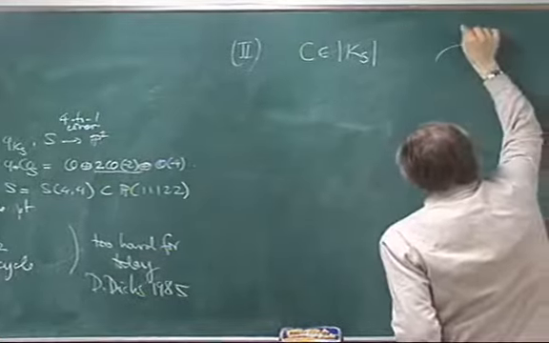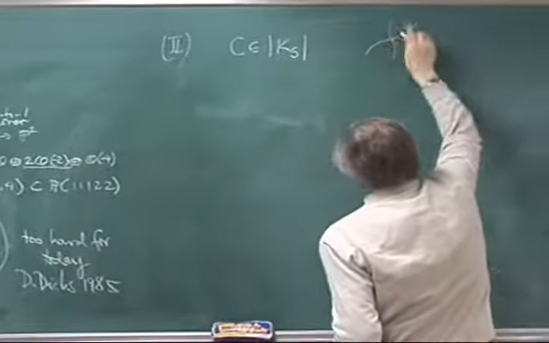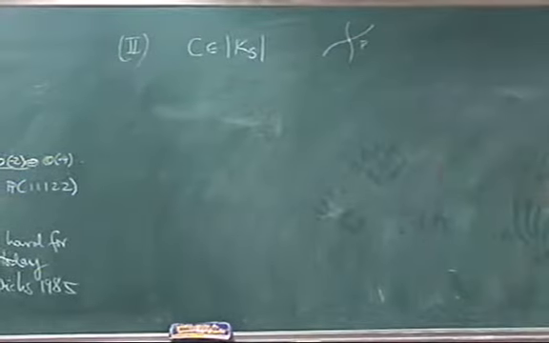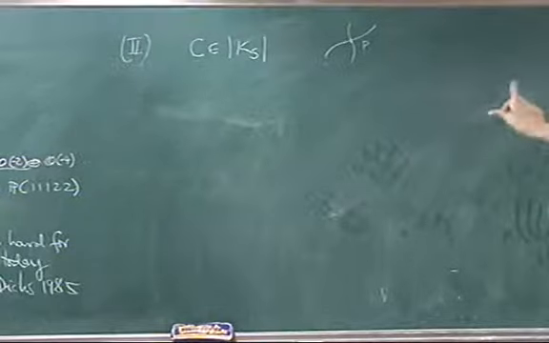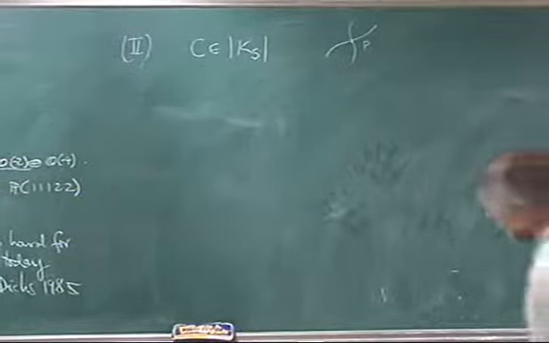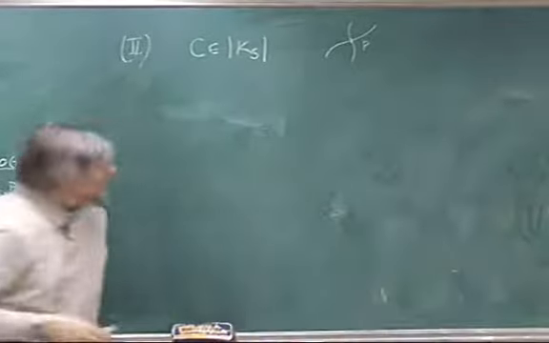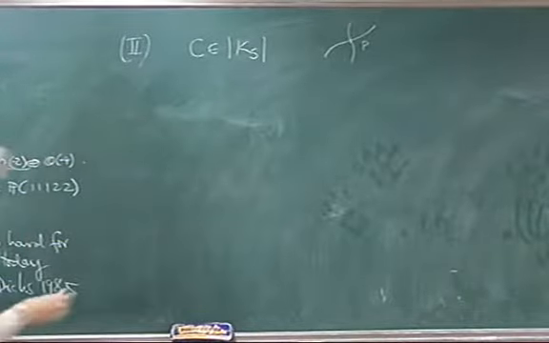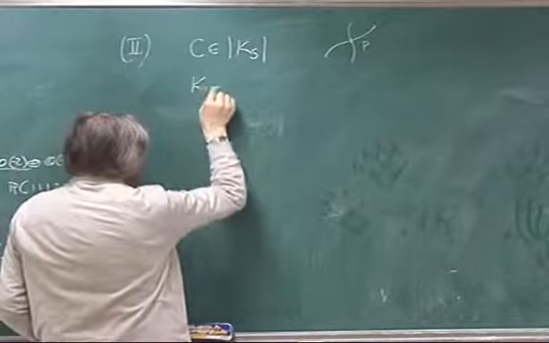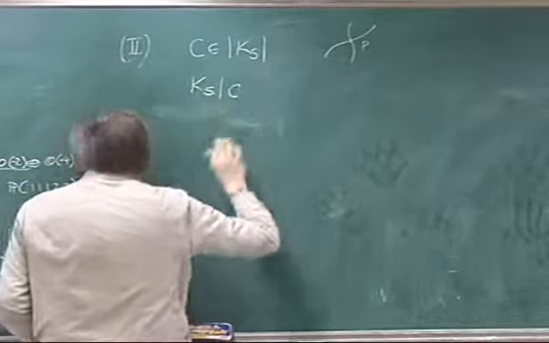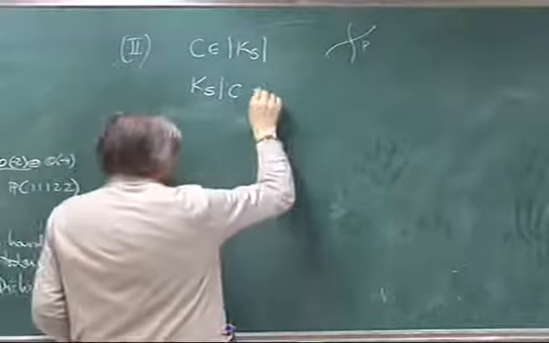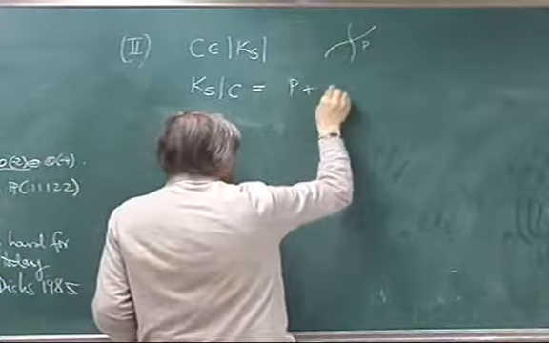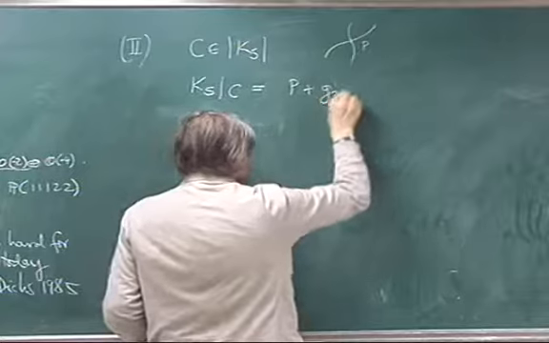So this means that the other curves in the system between them cut out the maximal ideal of the point, and this means that the general curve there is a general tangent vector at the point, and any two of them intersect transversely like this. So if I look at Ks restricted to C, on the one hand this is degree 4, on the other hand it's got a base point. So this is P plus G13.